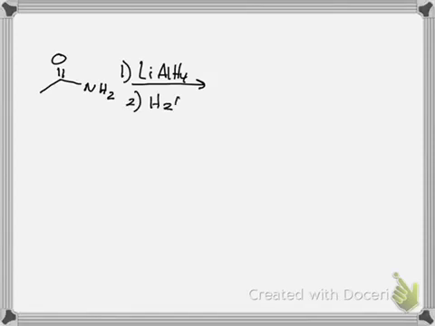So let's say we have this amide, and we react this with one equivalent of lithium aluminum hydride and another equivalent of water. Secondly, because you don't want to have it tear your face off, this is what you get. The amide oxygen is removed completely. Now, this is another example of a reductive amination.